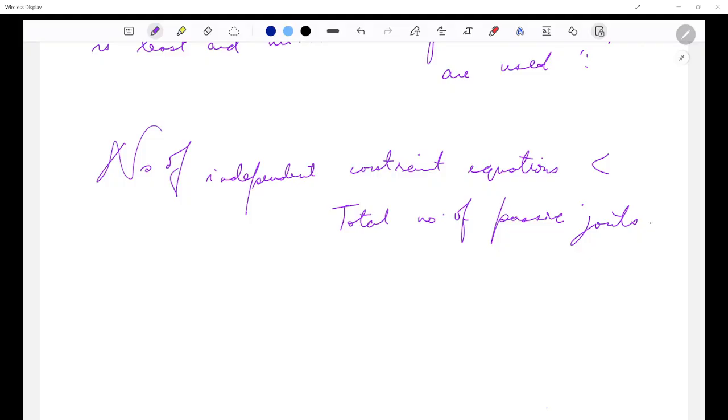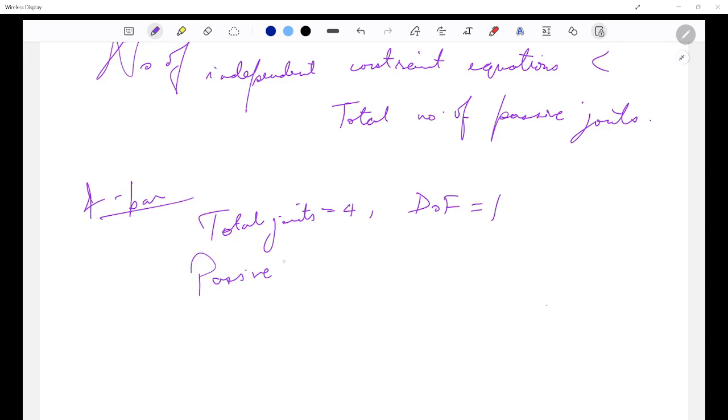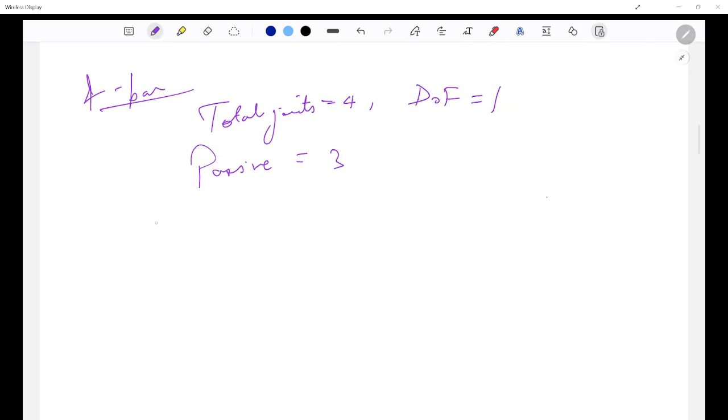For example, let's talk about the four-bar, because that we have been doing for a long time now. Total joints is how many? 4. Degrees of freedom we have seen as 1. So the passive joints are 3. But in optimized derivation, we reduce it to only one independent constraint equation.